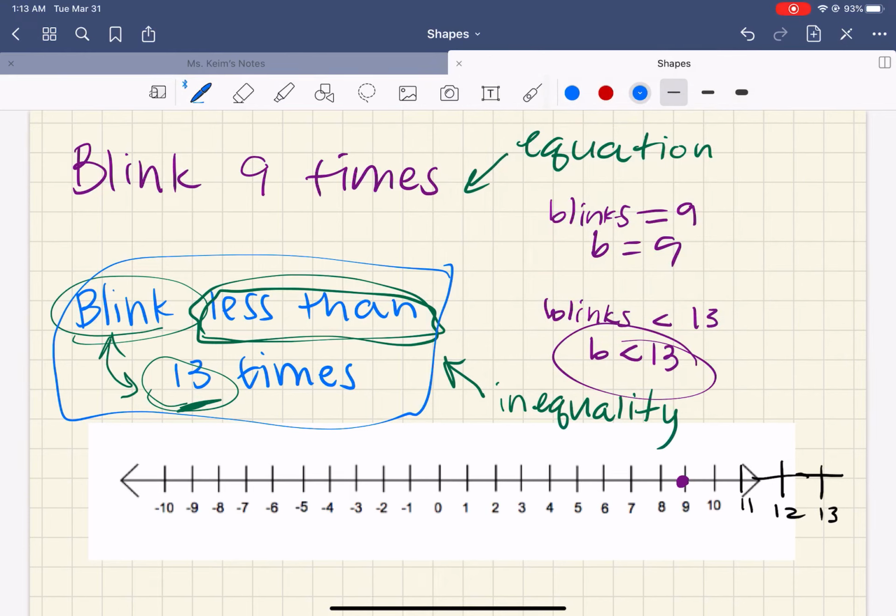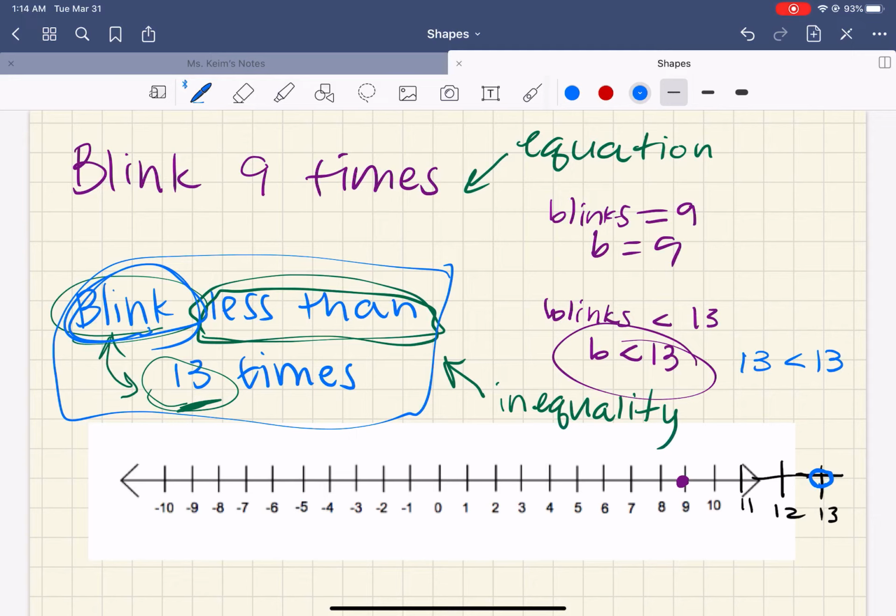So we're comparing B to 13, so we're going to start at 13, but we're going to use an open dot because 13 is not included. I can't blink 13 times because 13 blinks is not less than 13. So we're using an open dot because we're comparing our blinks to 13, but according to this situation, my answer can't be 13.